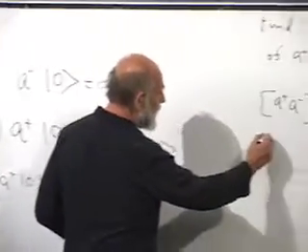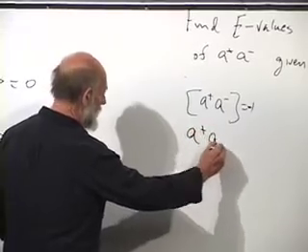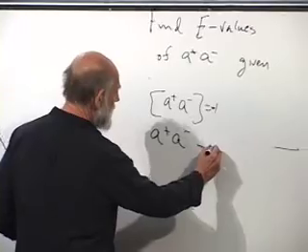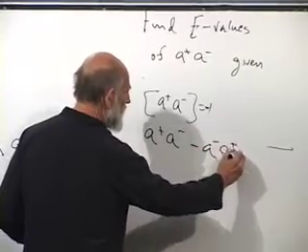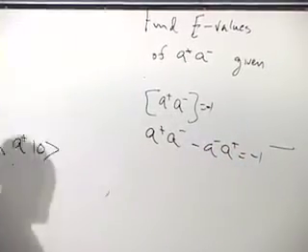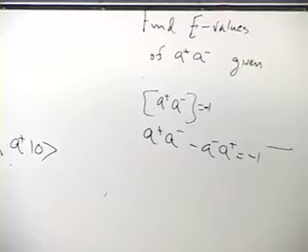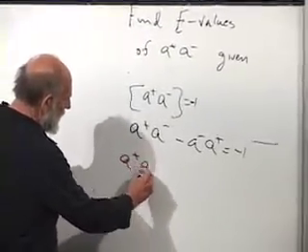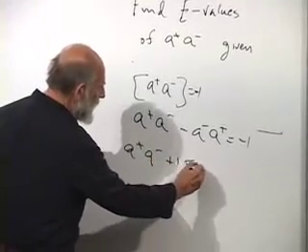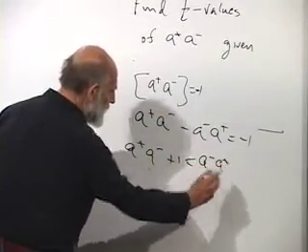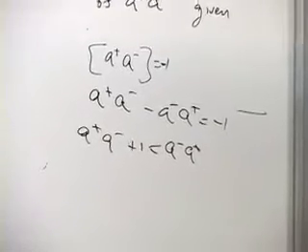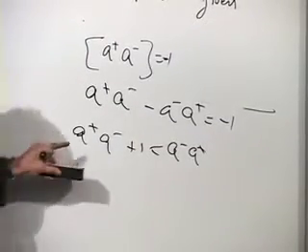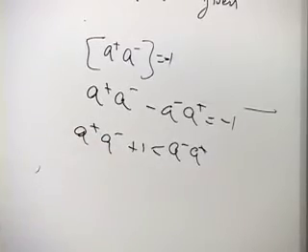But what I can do is say that A minus A plus minus A plus A minus is equal to minus 1. And so let's rewrite it: A plus A minus plus 1 is equal to A minus A plus. I have A minus A plus here. I can replace it by A plus A minus, but I have to add in a 1.